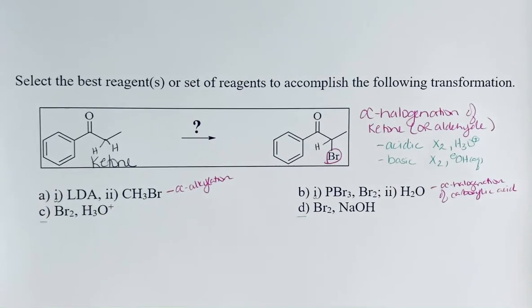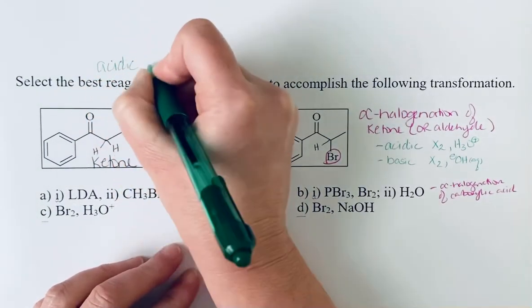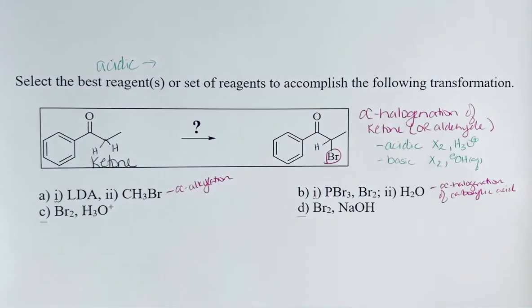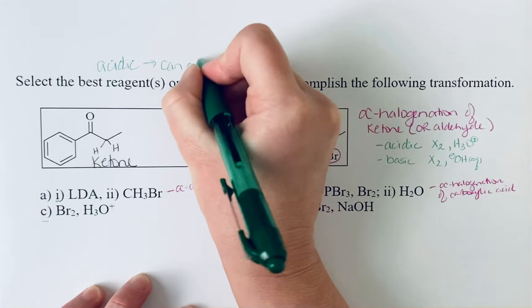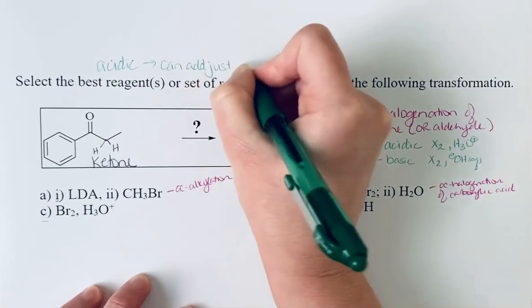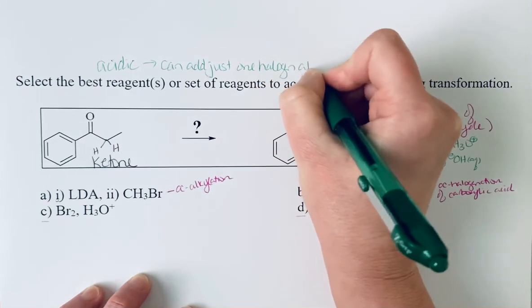So the difference between acidic conditions and basic conditions for an alpha halogenation is control of the reaction. Control of the number of halogens that you are adding. So here's the key difference. Under acidic conditions, you can control the reaction to add just one halogen. So just one halogen atom.